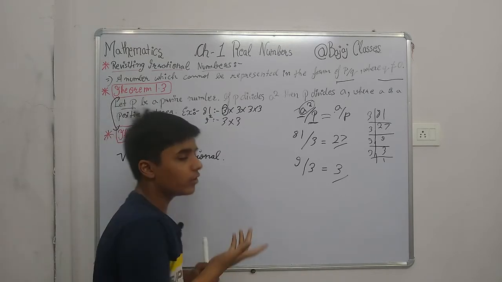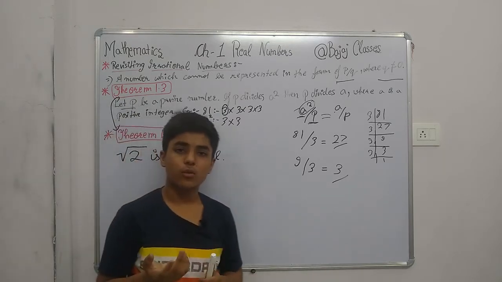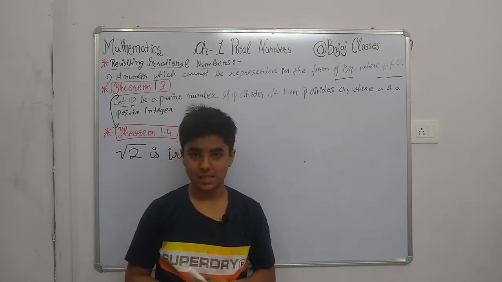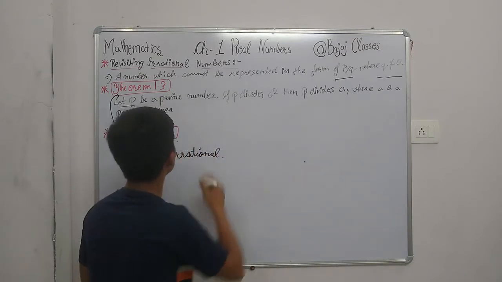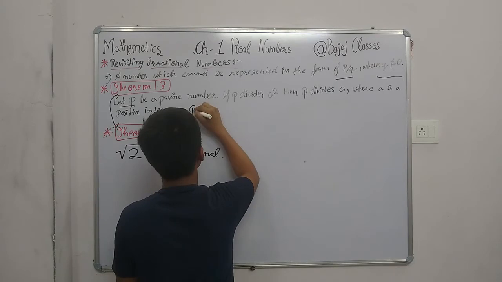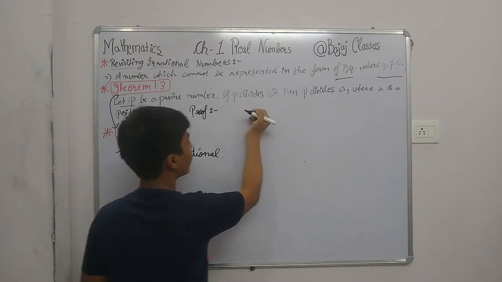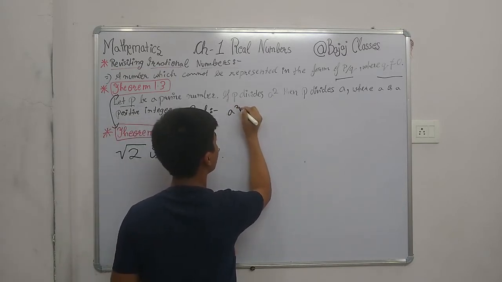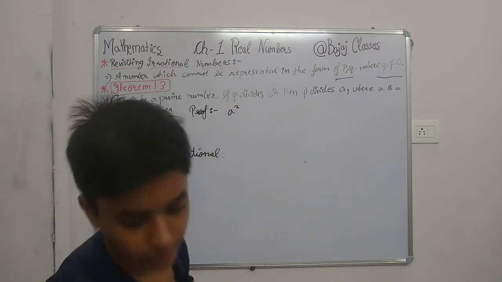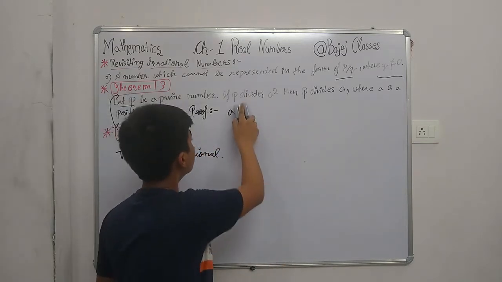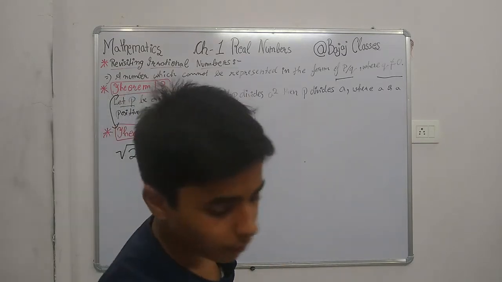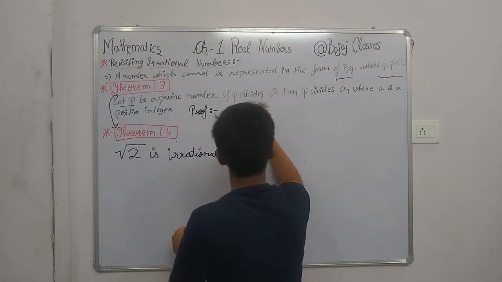We can also prove it algebraically. Now we will prove it algebraically. So the proof of this theorem 1.3: we have a square. First of all we will take a only. If we have a, what are the factors of a?